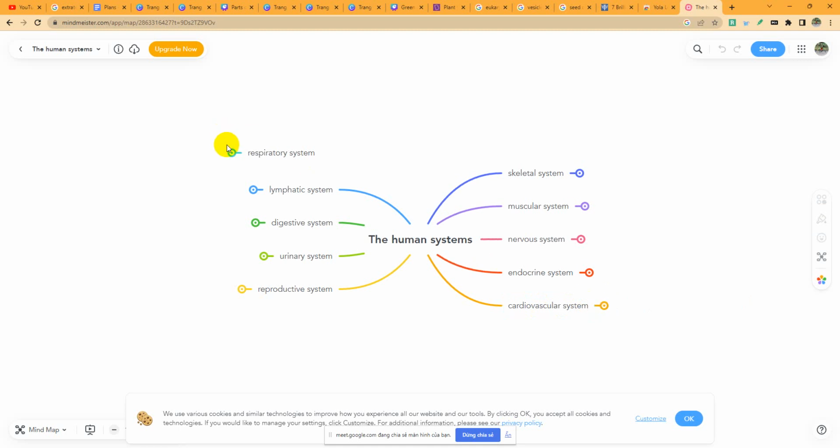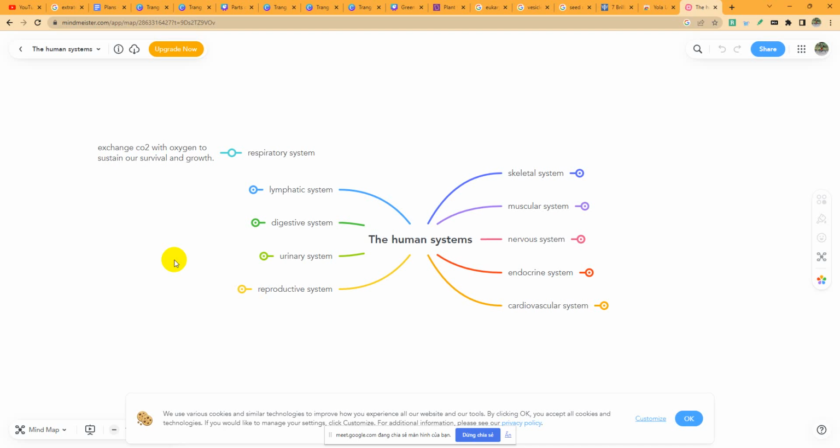And then we have the respiratory system, which is another fancy term for the activity of taking in oxygen and then pushing out carbon dioxide, which is the byproduct of respiration.